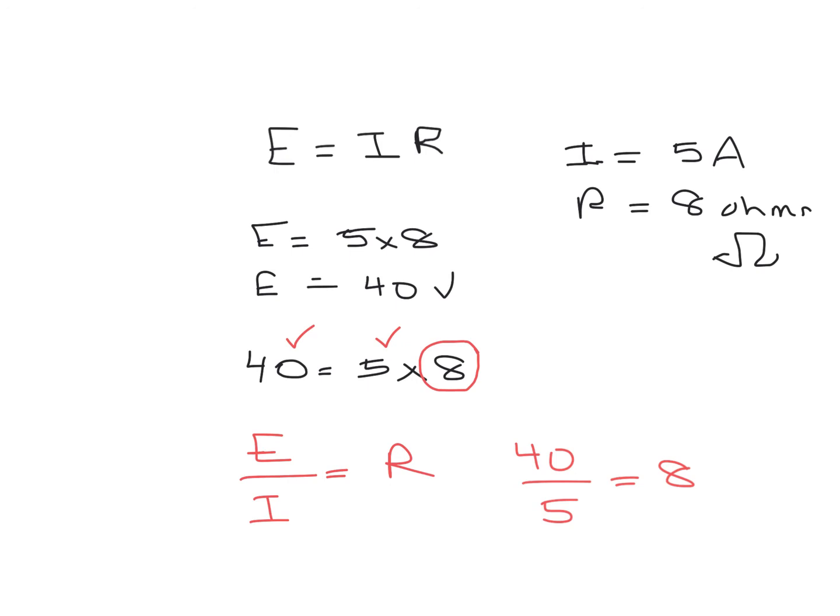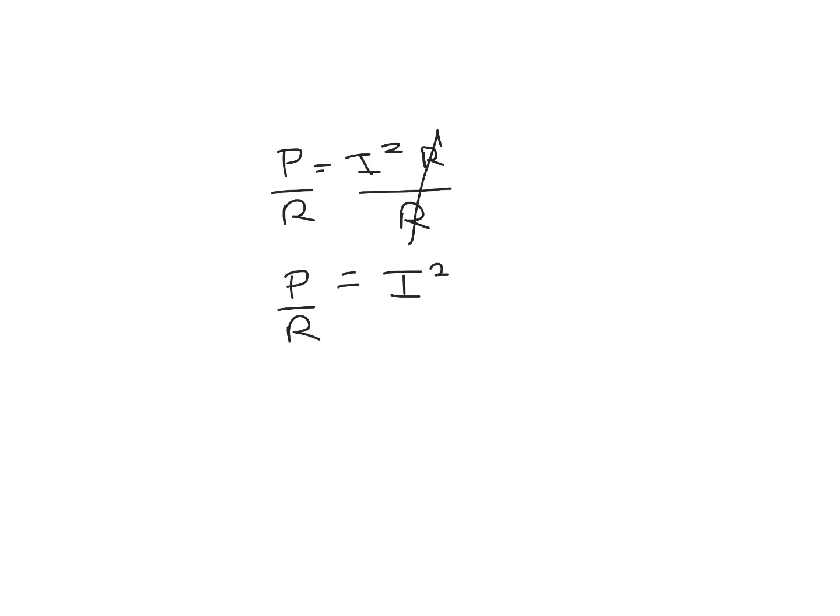And the same thing is true with the more complicated ones, with power and with the square roots. Let's look at the one, power equals I squared R, and you were asked to solve for the I. So if you're going to solve for the I, you divide by the R, clear it, and you'll be left with I squared, the current squared, equals power divided by resistance.